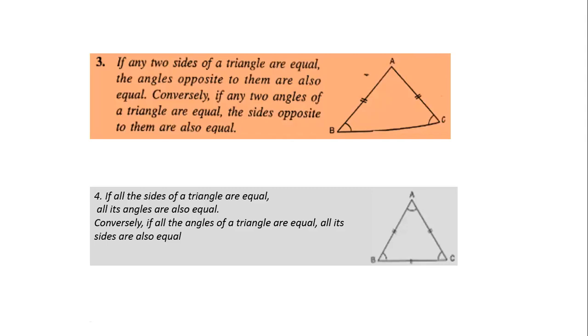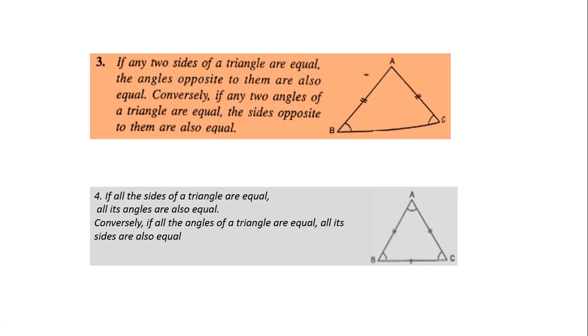Now, the main point is, if two sides of this triangle are equal, then the angles opposite to these two sides are also equal. For example, in this triangle, AB is equal to AC. The angle opposite to AB is C. The angle opposite to AC is B. If AB is equal to AC, then angle C must be equal to angle B.